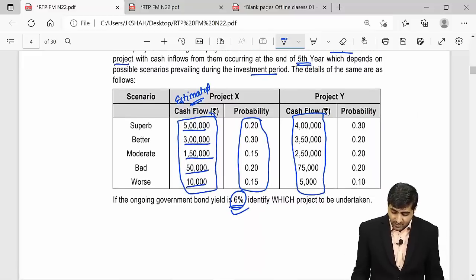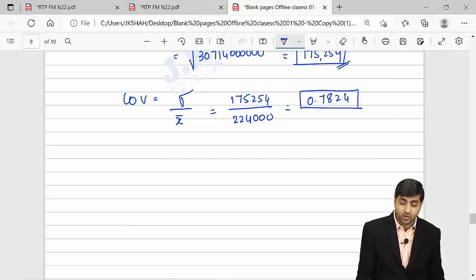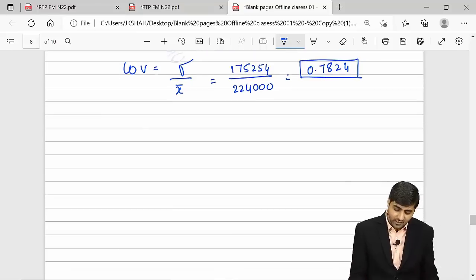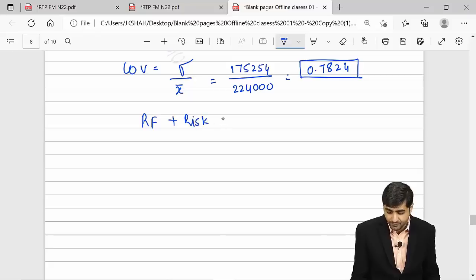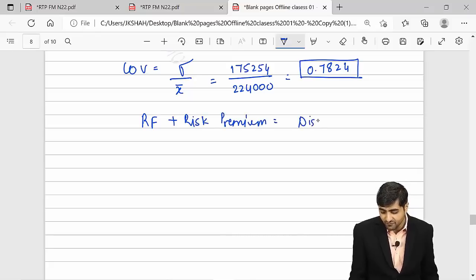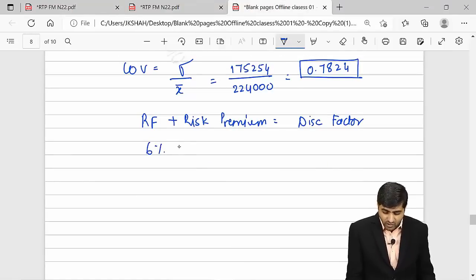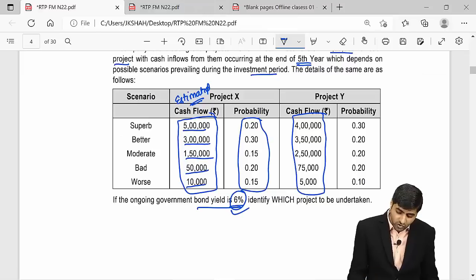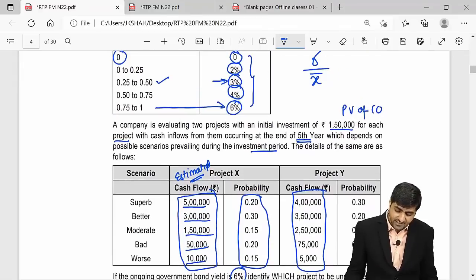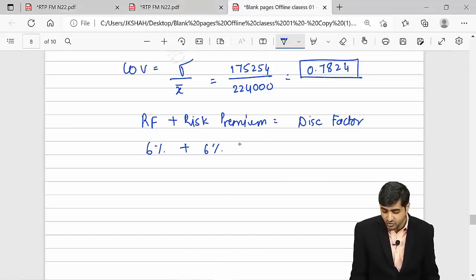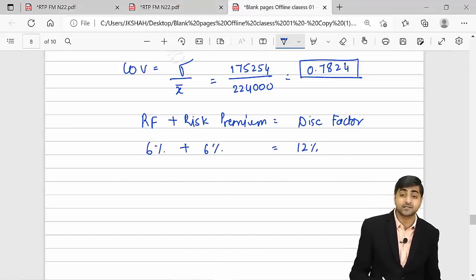Your risk-free rate is 6%, and your risk-free rate plus risk premium will give you your discounting factor. So eventually your discounting factor is 12%.